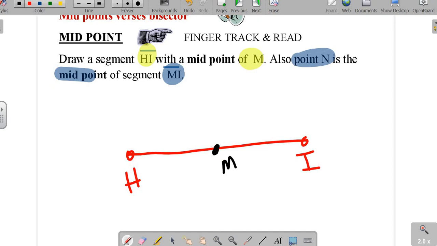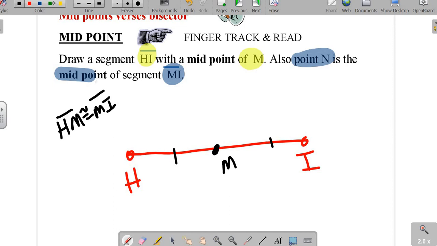Now, if M is the exact middle, you have to put what are called hatch marks. These hatch marks tell me that H to M, the segment length, is congruent to M to I. That's what those hatch marks mean.